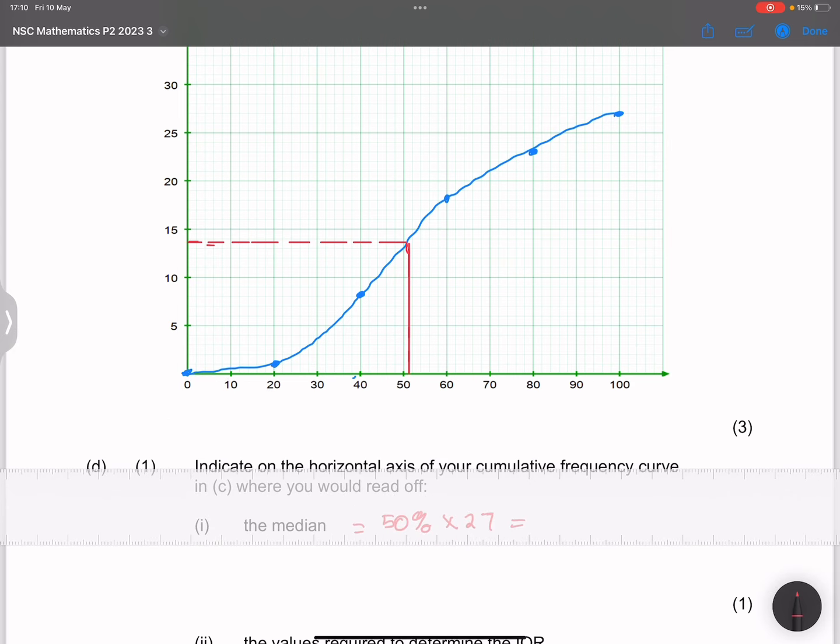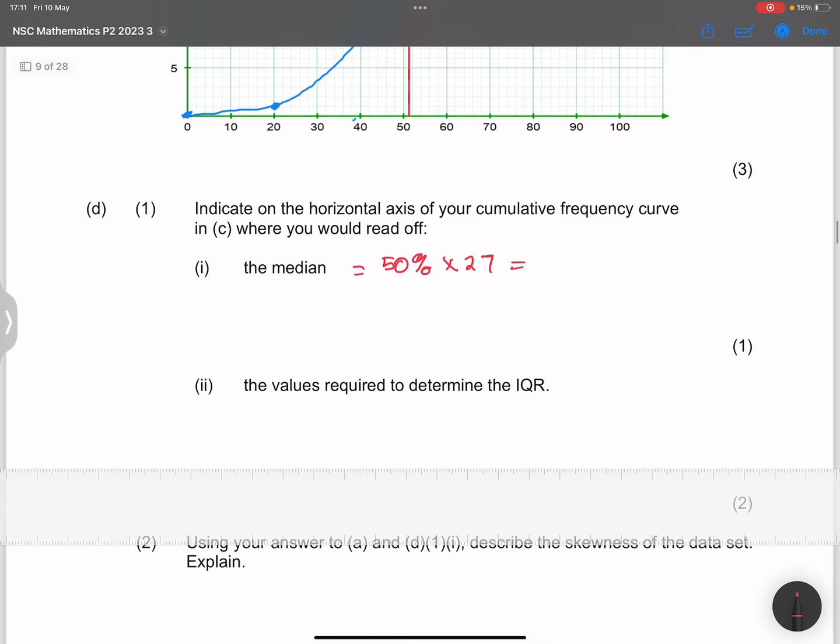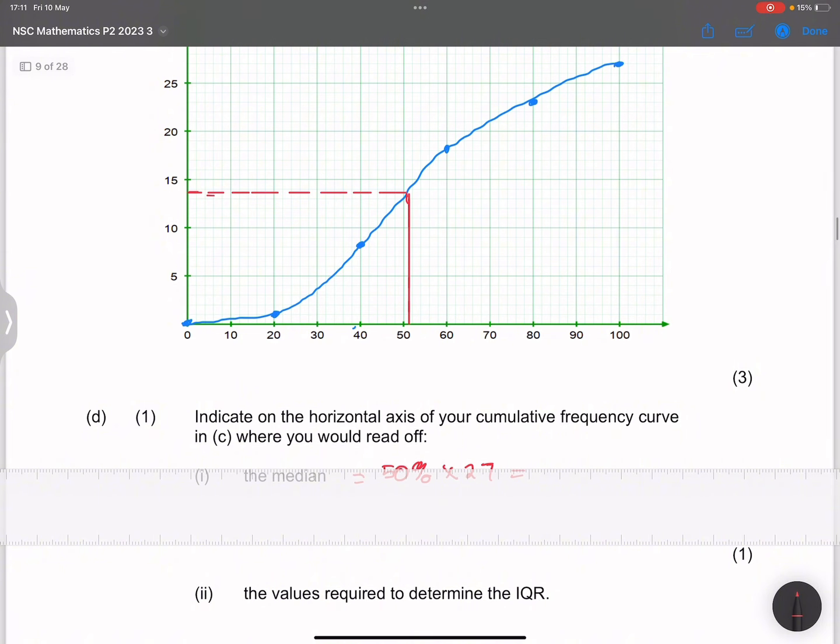I think that's 52 or 51, shall we say? Yeah, that's definitely 51. So let's say this is going to be our median. So that's our median value.